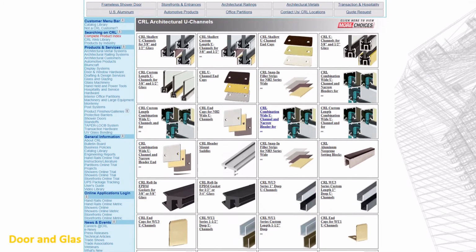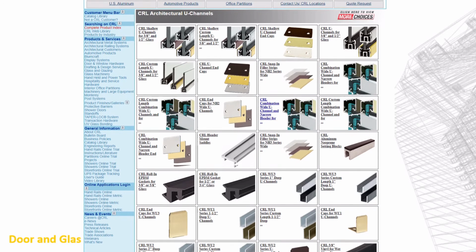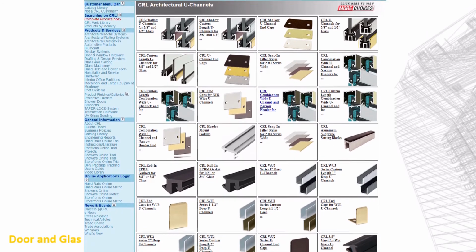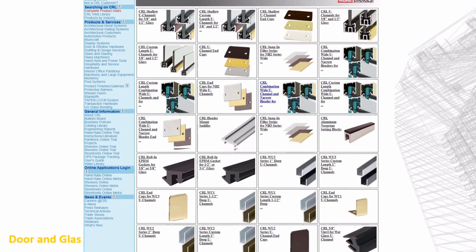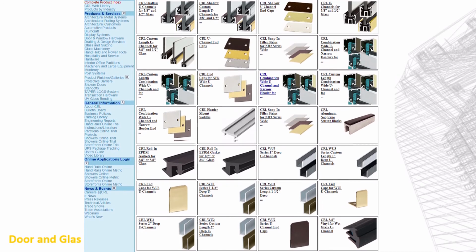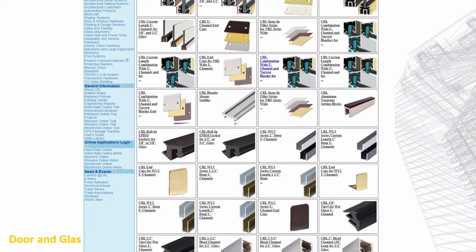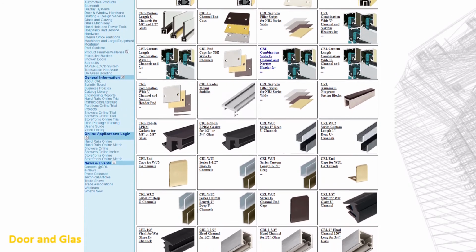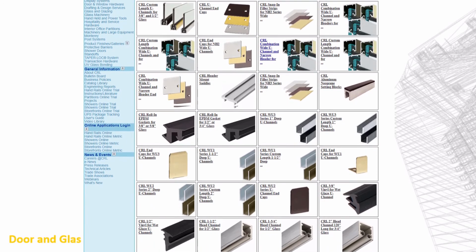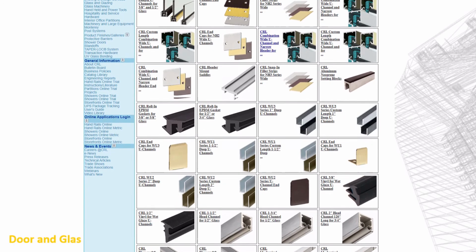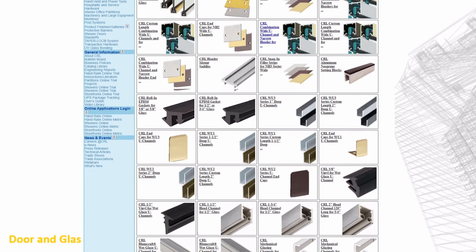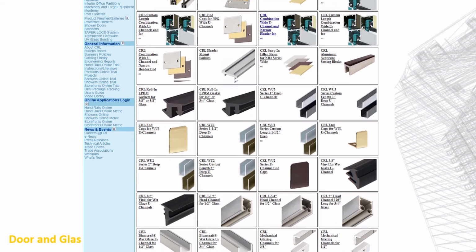U-channels are a relatively inexpensive means of supporting the glass along its top and bottom edges. Receptor elements do not have to be the same size at the top and bottom. They don't have to be the same shape at the top and bottom either. Ordinarily, they will both be the same finish, but that's not necessarily required. It could be specified differently.